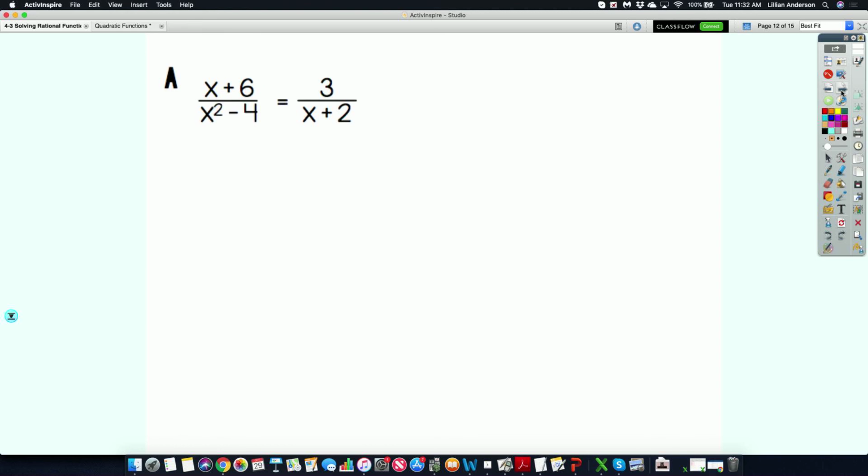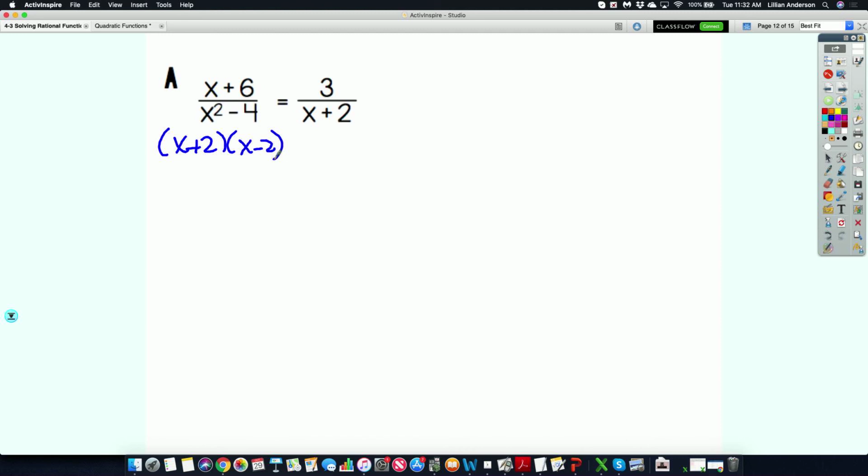How does x squared minus 4 factor down to be? So for this particular skill, which you'll definitely need for B, the last one, you want to multiply by the lowest common denominator, okay?